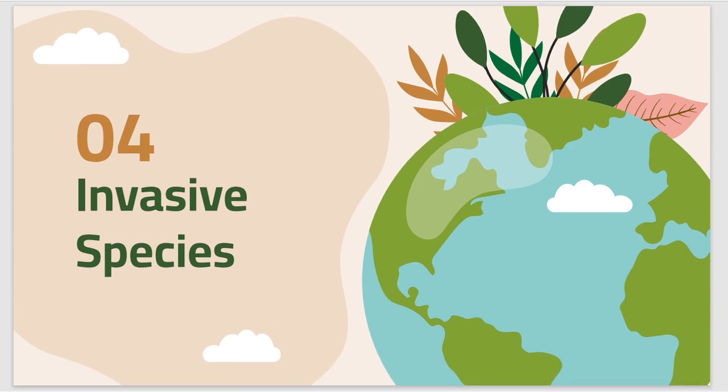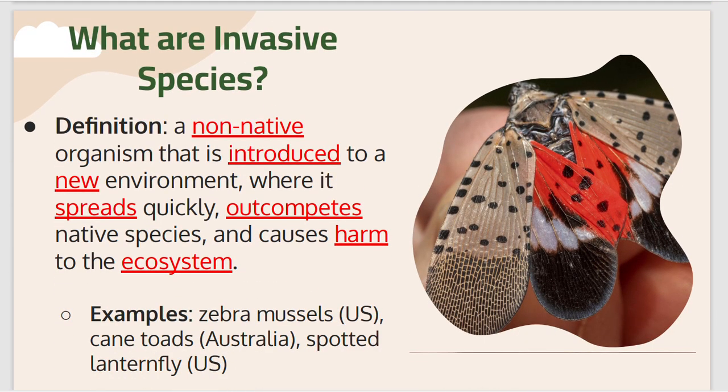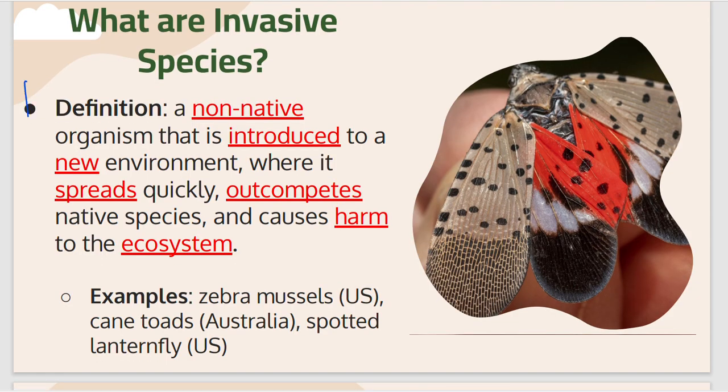Alrighty, number 4, invasive species. So what are invasive species? We're going to star that definition. Invasive species are non-native organisms that are introduced to a new environment, an environment they do not belong in.